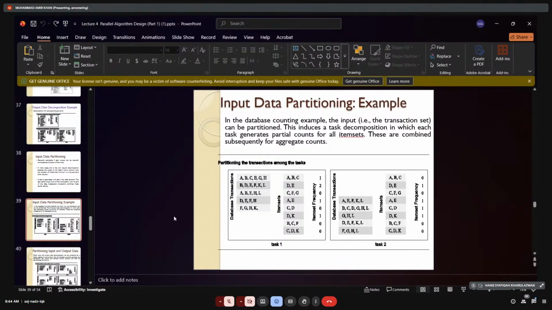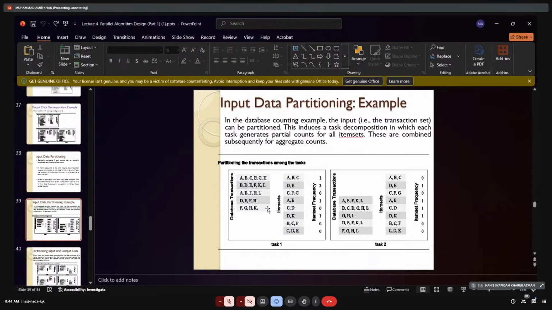For example, we have task 1, we have task 2. We can see the same thing: database transactions, and then we have item sets, and then item frequency. We can see the item frequency very easily. If we have an item set of A, B, C, D, E, we can check the repetition or the frequency in the database transaction.